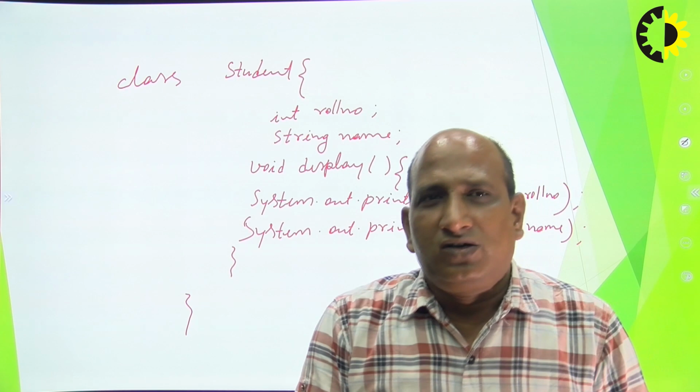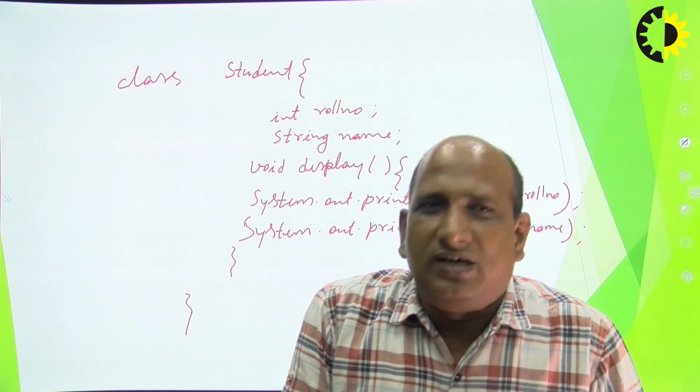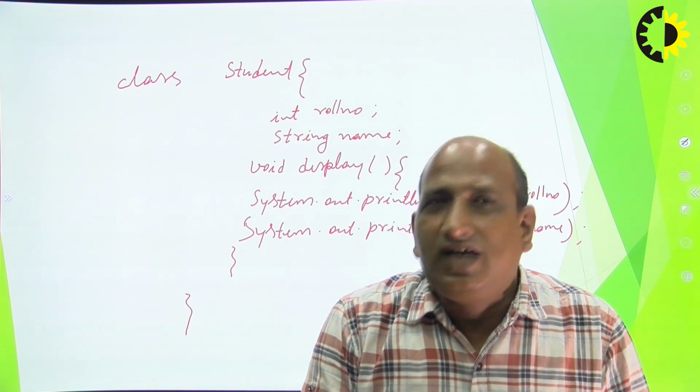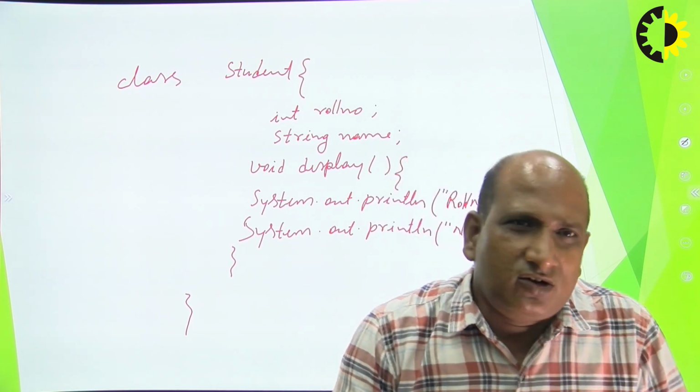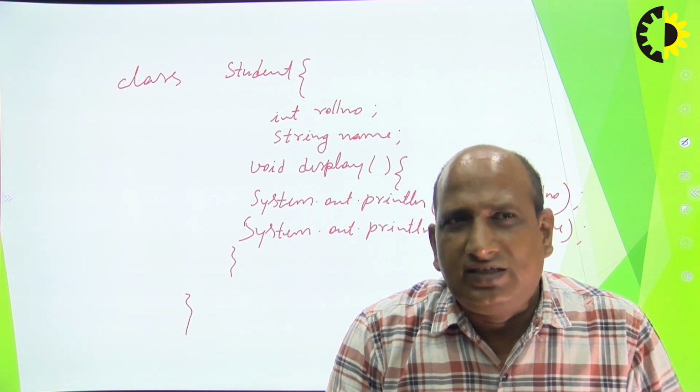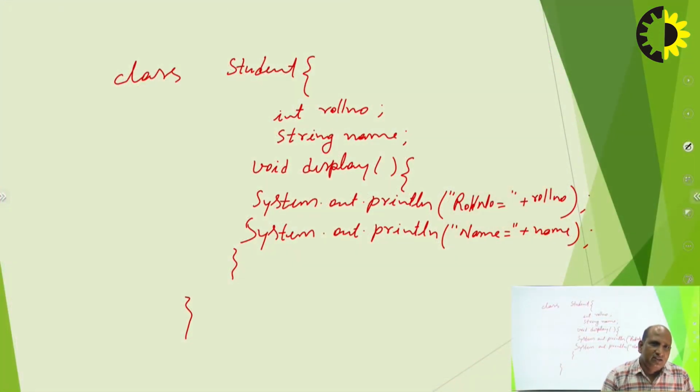If you want to use a class, then you need to create an object of that class, and by that object you can access the members of the class by the dot operator. So wherever you want to use this class, you just create the object of the class.